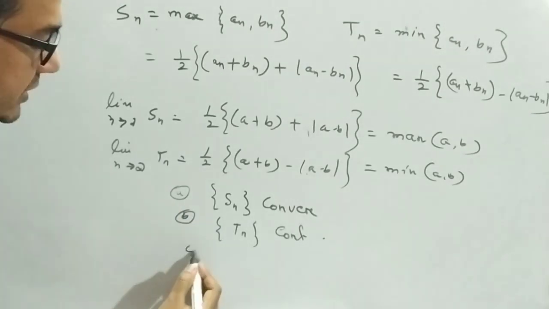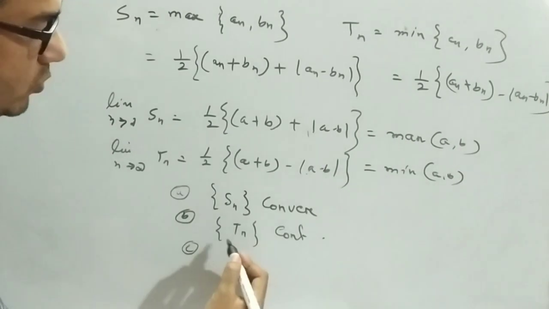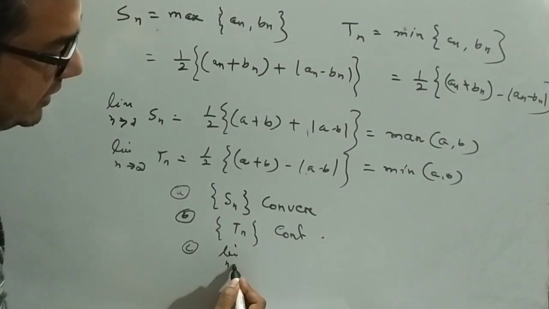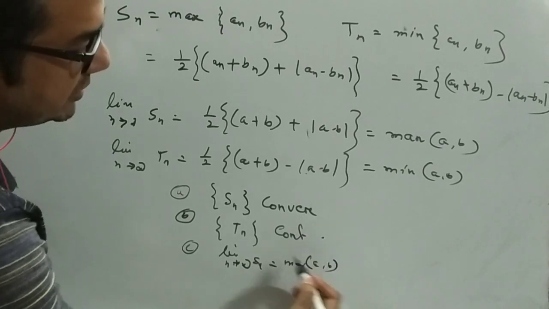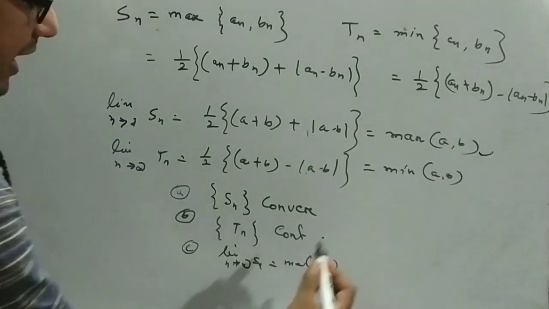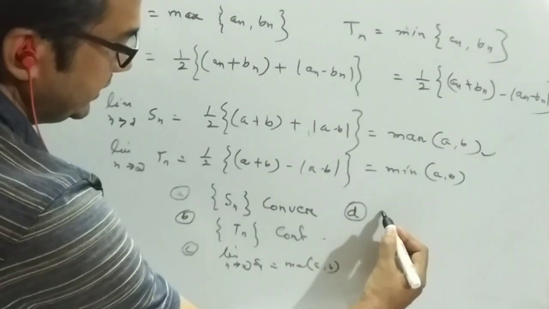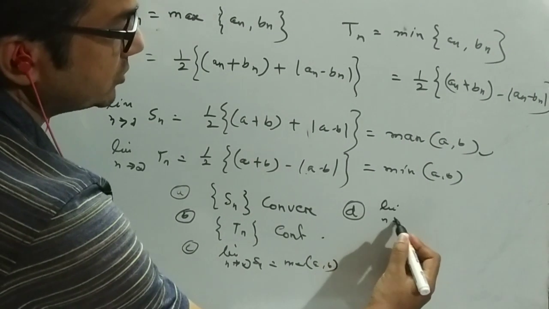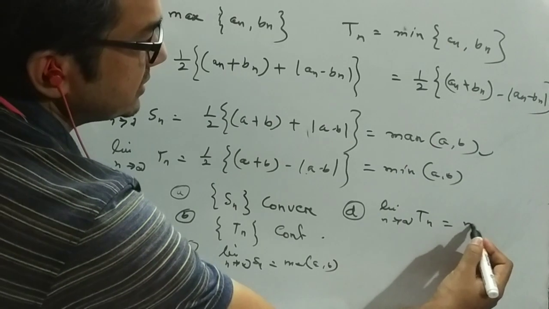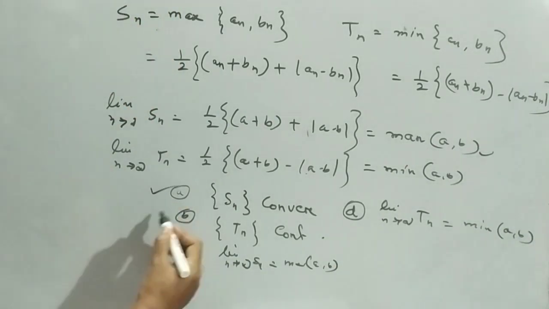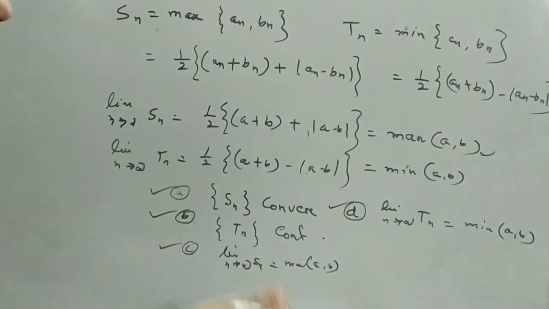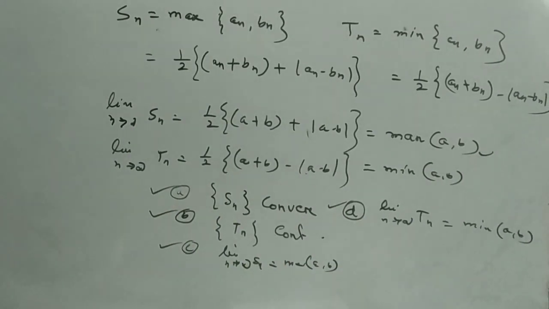And the option C is limit n tends to infinity Sn equal to max of a, b. This is also correct. And the last option D, limit n tends to infinity Tn is minimum of a, b. This is also correct. So options A, B, C and D, all four are correct.